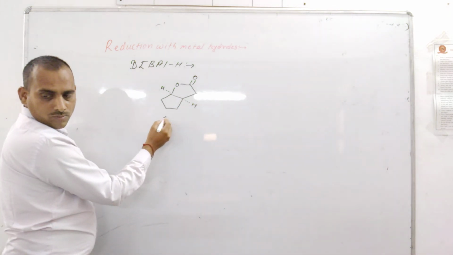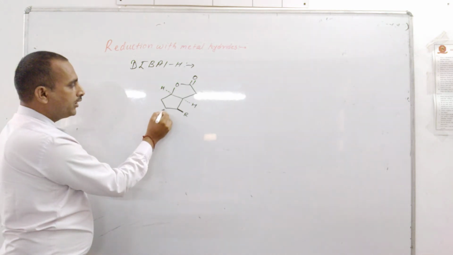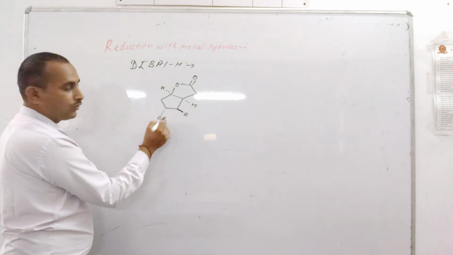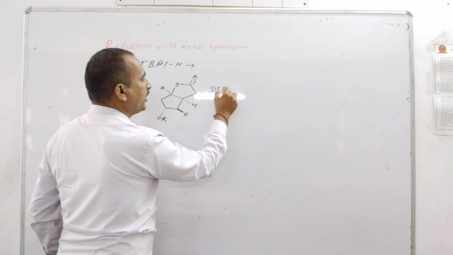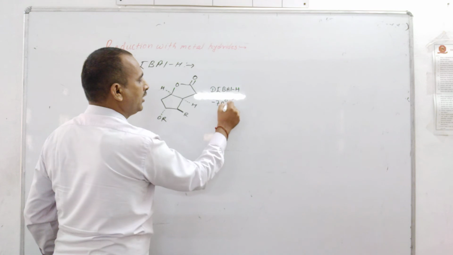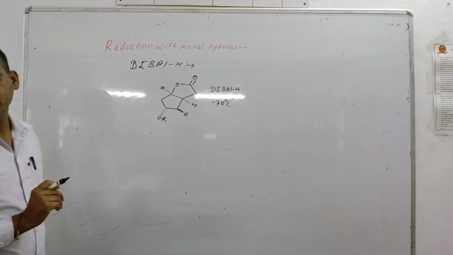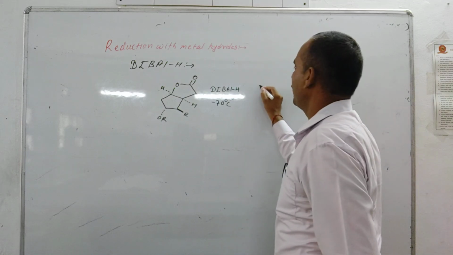H, here is R group, here is OR group. So by using diisobutyl aluminum hydride at -70 degrees Celsius, this lactone gets reduced to lactol.